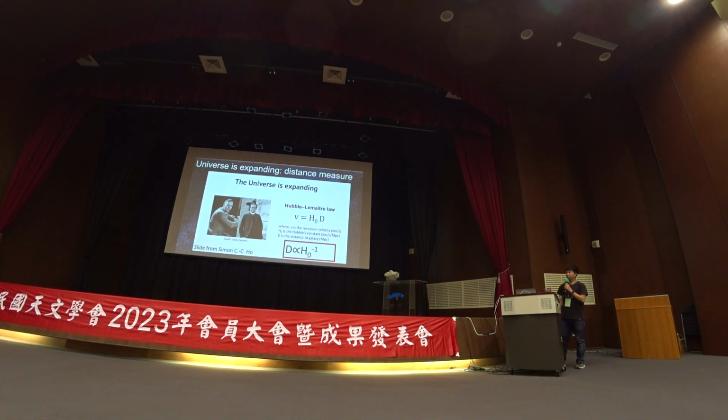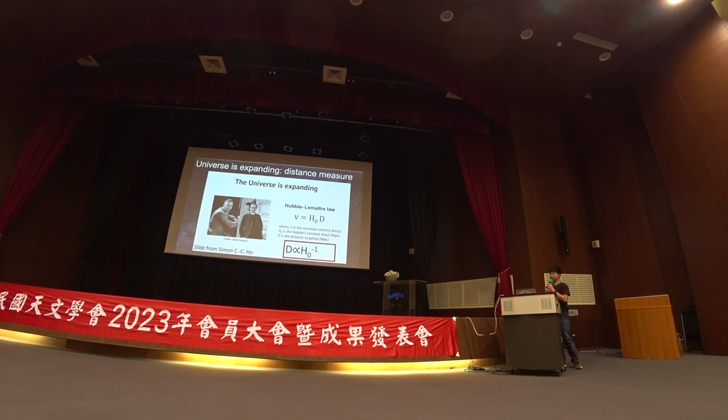So, what is the motivation? The Hubble constant is very important for astronomy. And why is it important? As we know, the universe is expanding, and we want to know how fast it is.